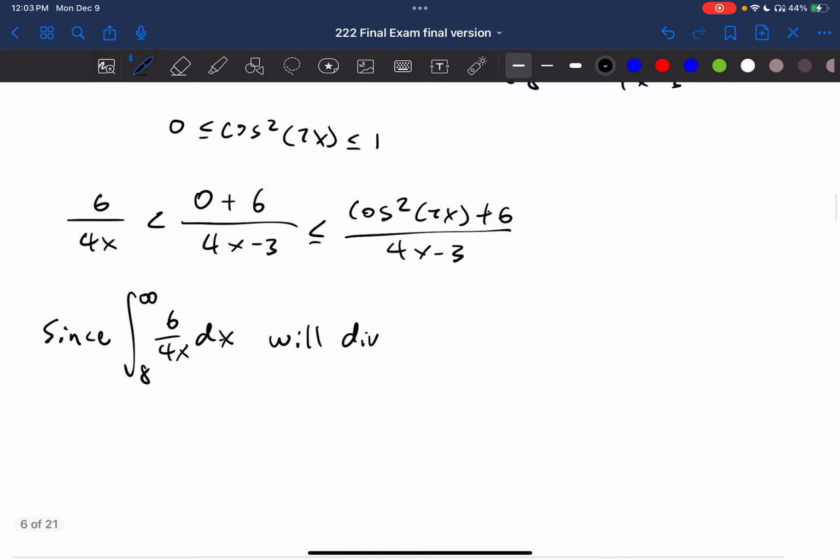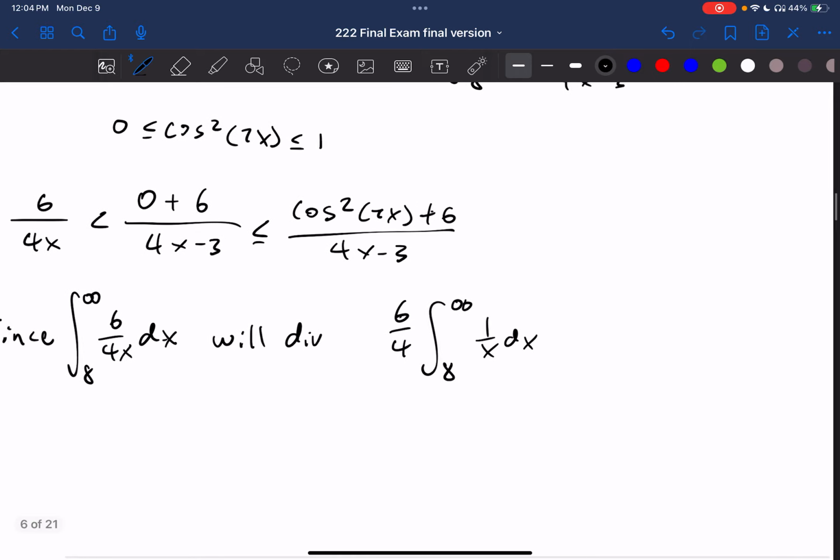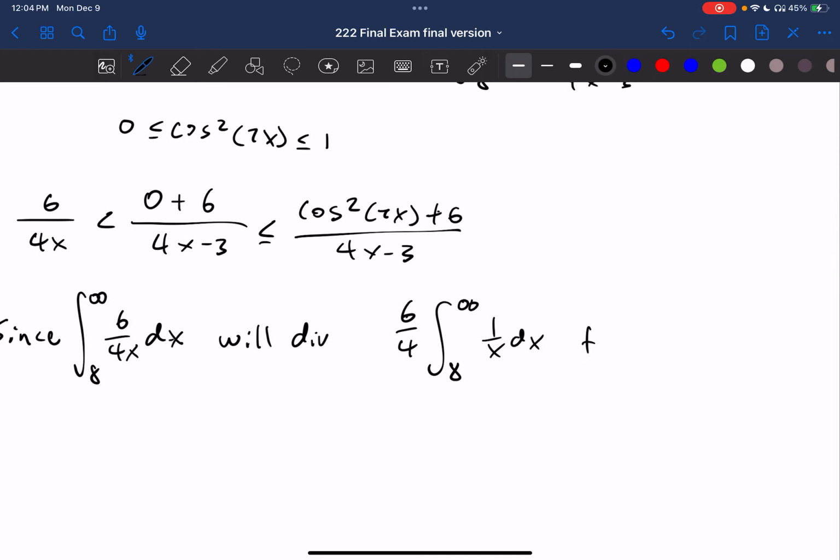Basically, if you take the 6 divided by 4, bring it out front, it will give you this: 6 divided by 4 integral of 8 to infinity 1 over x dx. We can say it's a factor of p-series, where p is equal to 1. Therefore, it will diverge.